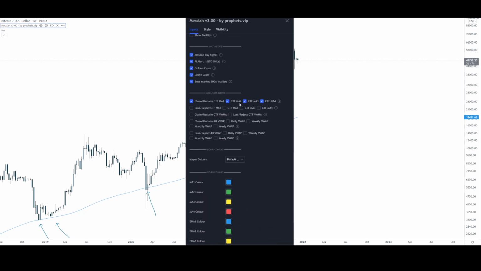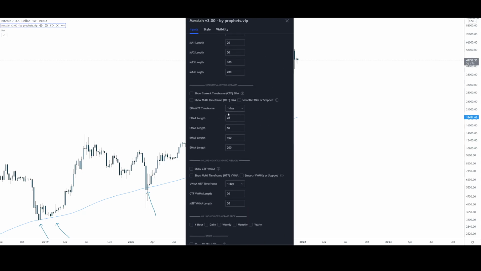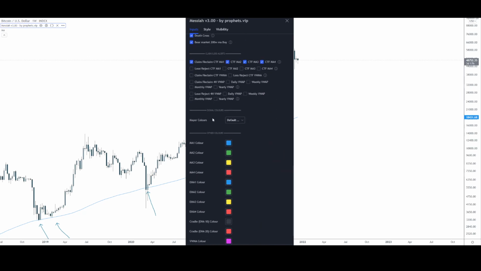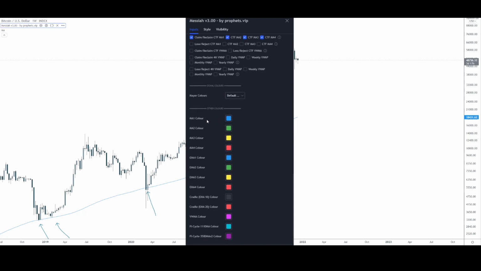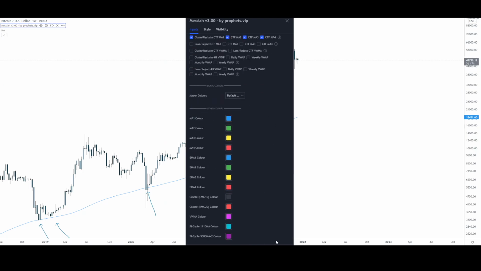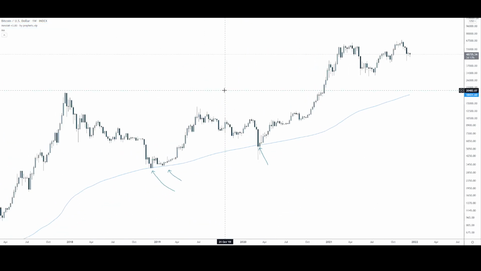That's why they're called 2, 3, 4, because you can change these values to whatever you want. After that, you've got the Mayer colors here. These are the default moving average colors, and you can change the colors through here for each of these tools.